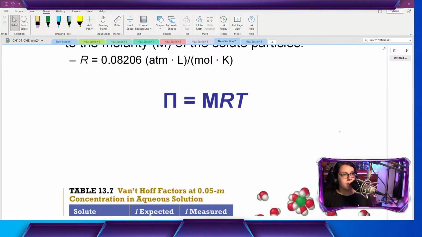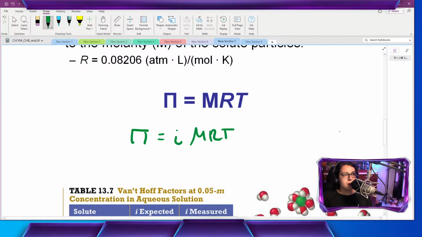But actually the better formula should be written like this, iMRT, where i is this thing called the van 't Hoff factor. But all it's really telling us is, well, how many particles in solution does something make?